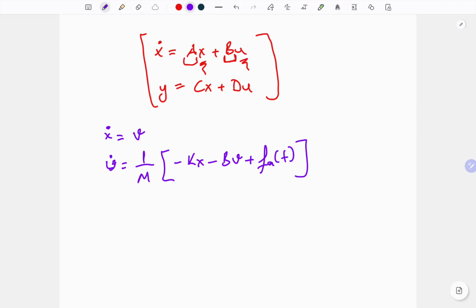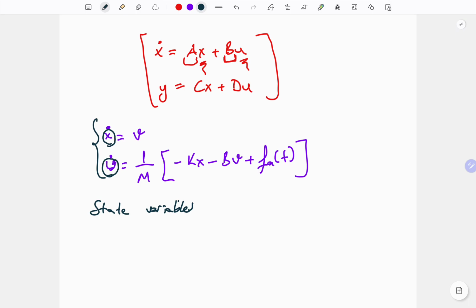Now, to write the matrix form, first of all, we should clarify our state variables and the input, if we have inputs. When we were writing the equations, we actually discussed this. Our state variables are x and v, the displacement and the velocity. Because of this, we wrote the first order equations for the state variables.